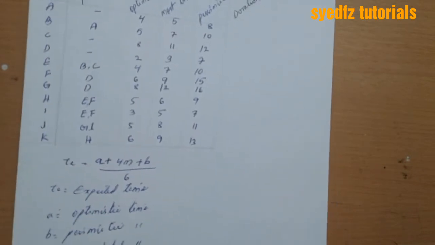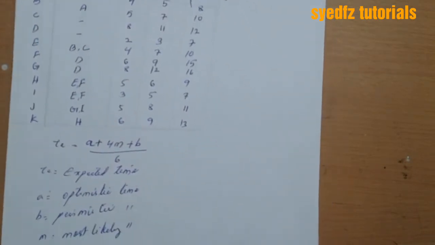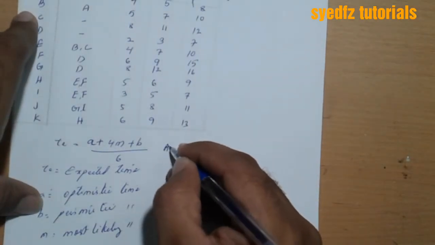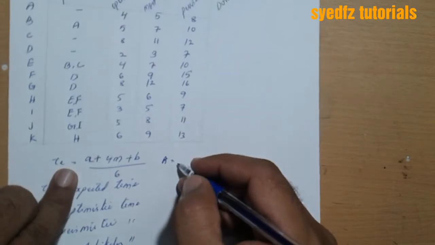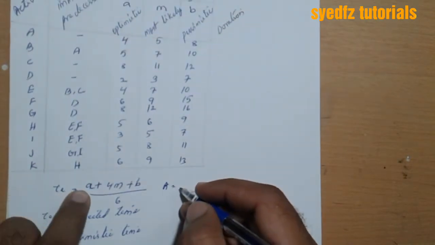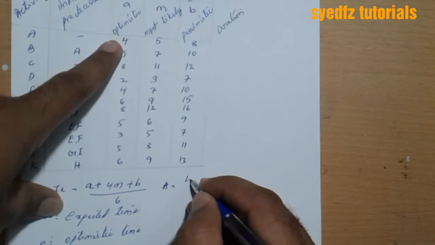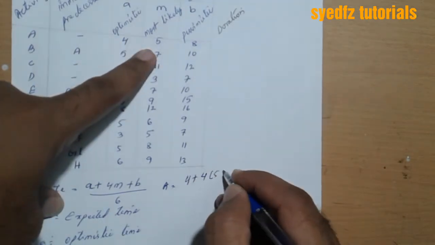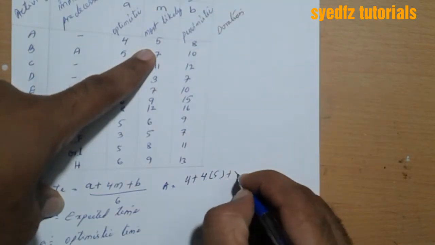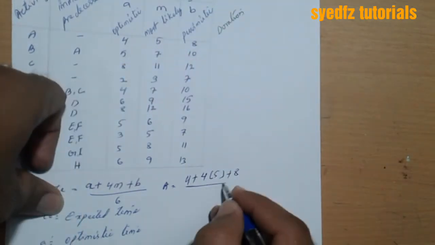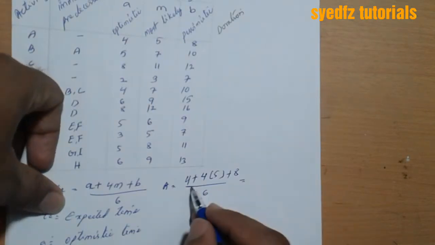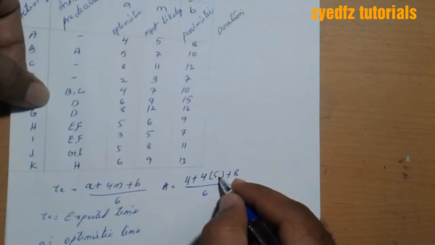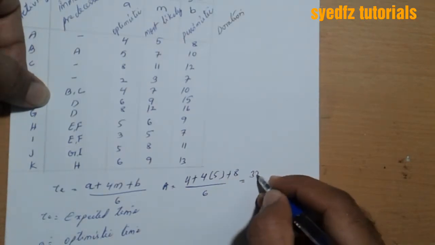So now take one by one. Okay, for A, apply this formula. In place of A it is 4, plus 4 into M, which is 5, plus 8, this one B, divided by 6. 4 plus 20 is 24, plus 8 is 32, divided by 6.